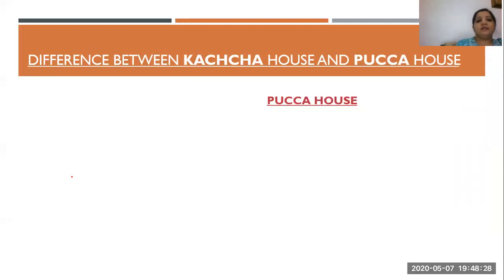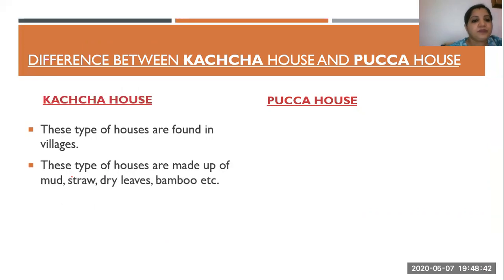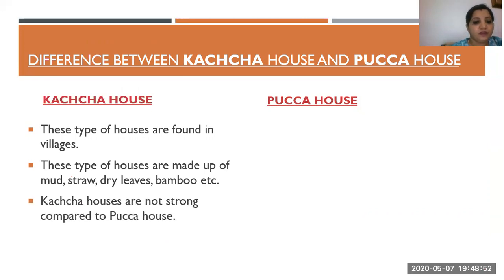Now, let's see the difference between a pakka house and a kacha house. Kacha house, these types of houses are found in villages, isn't it, children? Where are they found? They are found in villages. And these types of houses are made up of what? They are made up of mud, straw, dry leaves, and bamboos. These are not strong houses compared to a pakka house.